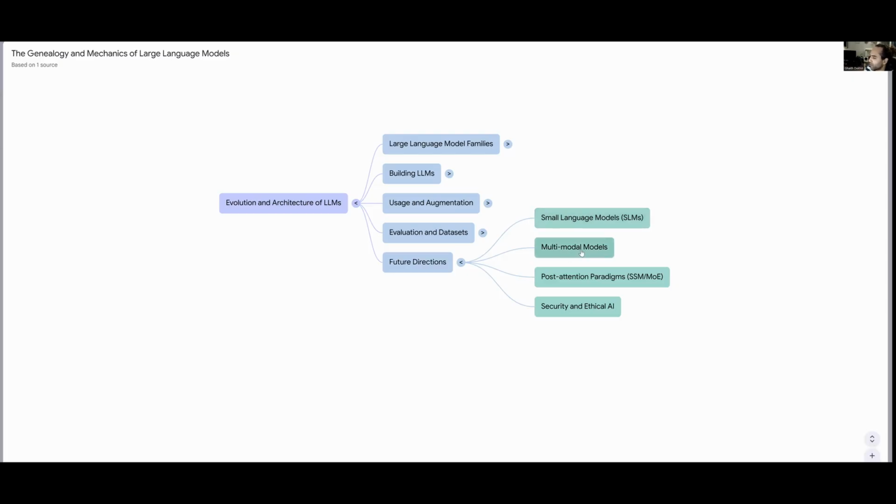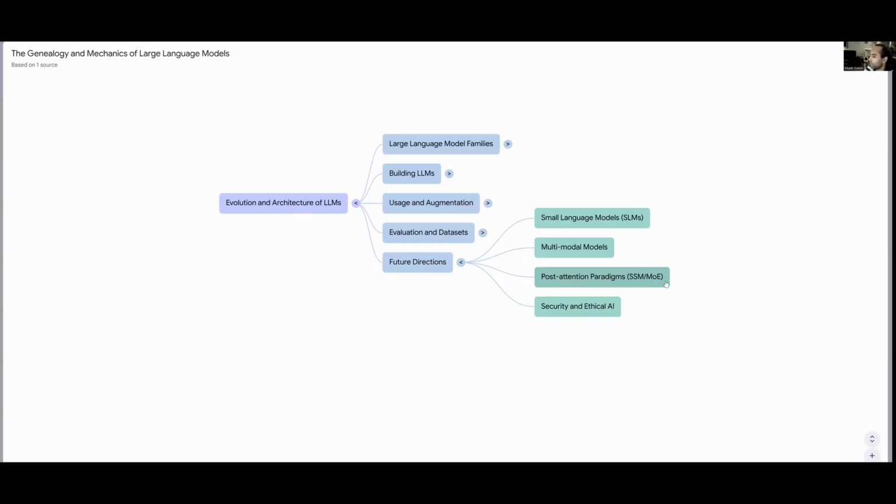Multimodal models are emerging as well. These models can process and generate natively different types of outputs like text, images, audio, and video. We have what we call the post-attention paradigms. Post-attention because these are actually alternatives to the transformer architecture. We have some models like SSM for state space models, or the MOE for mixture of experts models.